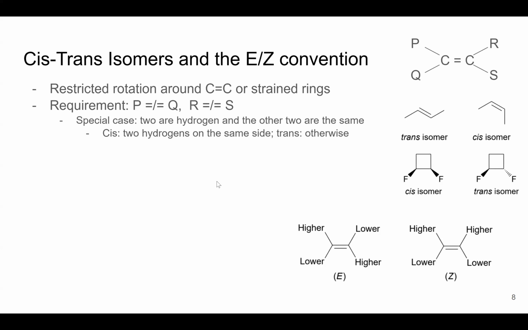So cis means two identical groups on the same side, trans means otherwise. Note that the rules for cis-trans isomers still hold, which is that P and Q are not the same and R and S are not the same. So only either P or Q can be a hydrogen, and either R or S can be a hydrogen. You can't have P equal to Q or R equal to S.